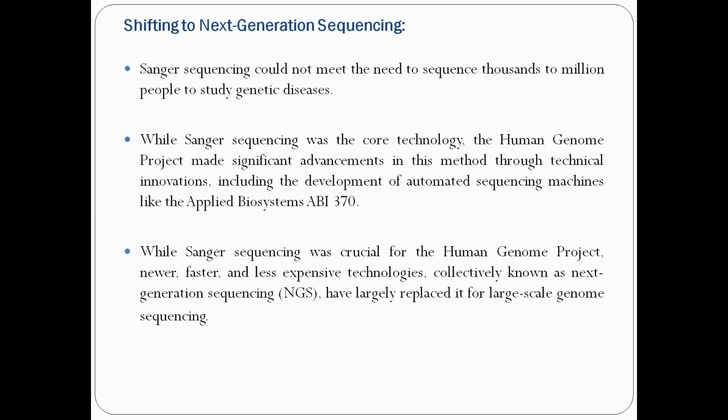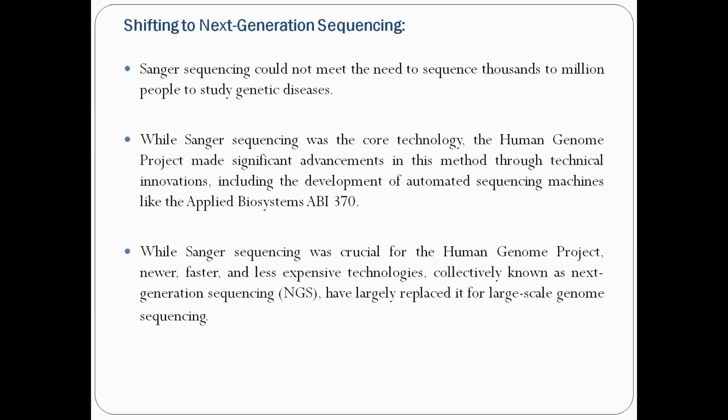While Sanger sequencing was the core technology during the Human Genome Project, and it made significant advances because it was the only sequencing technique available at that time, the groups sequencing the human genome also simultaneously came up with automated sequencing machines.